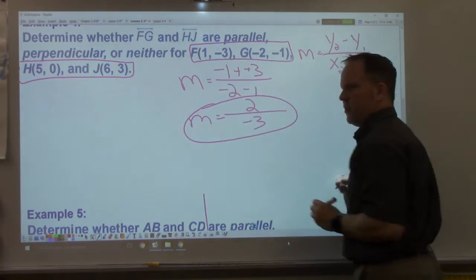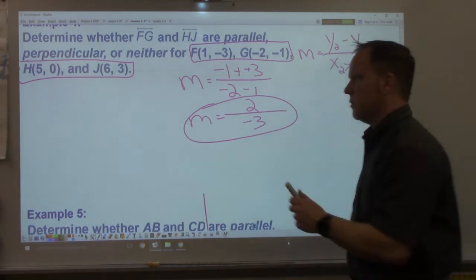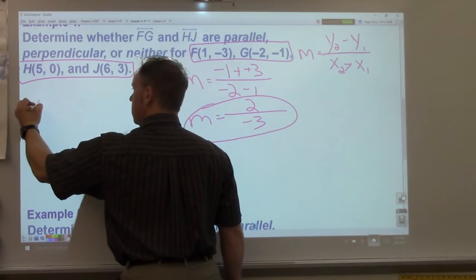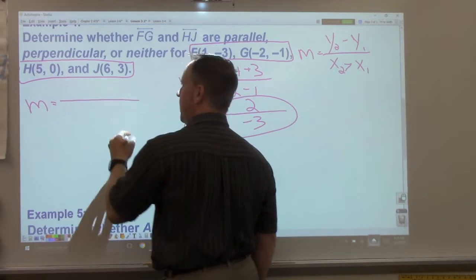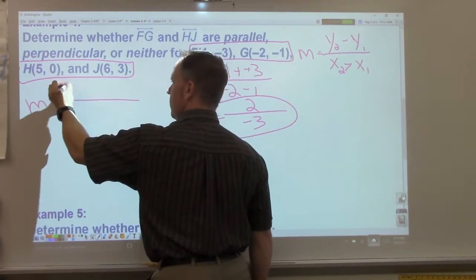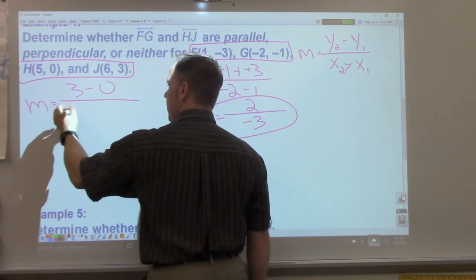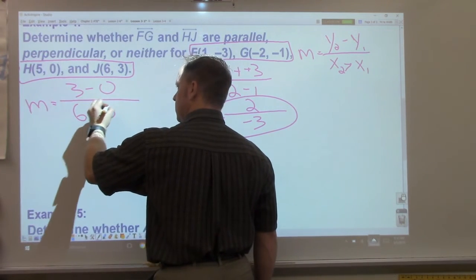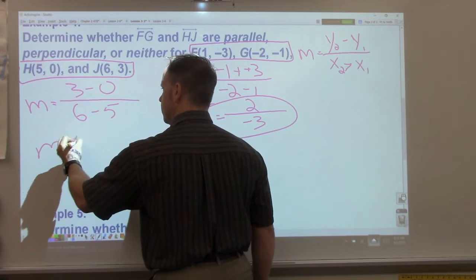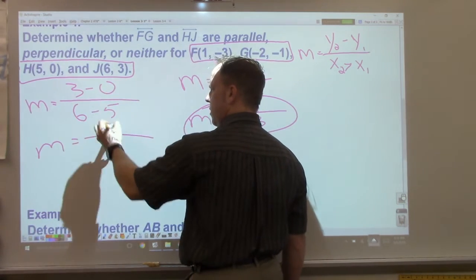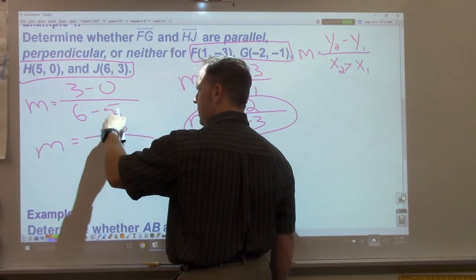So the slope of FG is -2/3. Slope of HJ, 3 minus 0 over 6 minus 5.